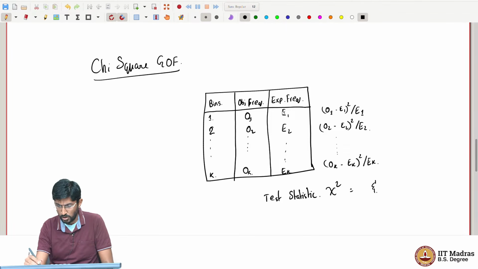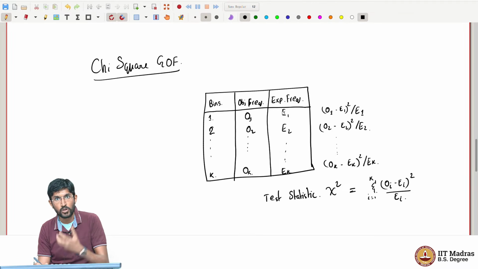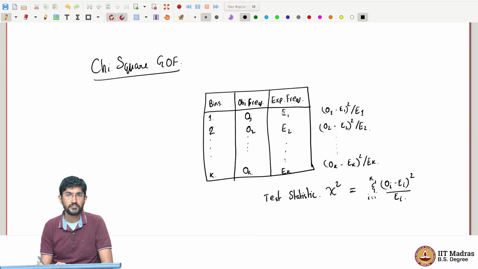So the summation of these values, summation i equal to 1 to k, (Oi minus Ei) the whole squared by Ei, this is going to be the test statistic that you are going to compute given this frequency table.